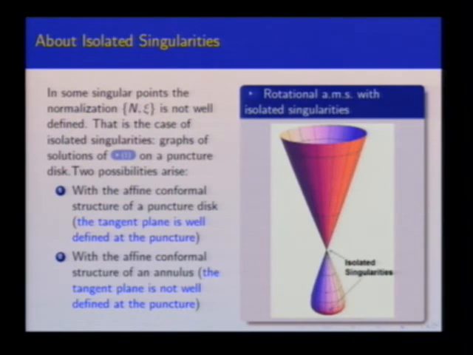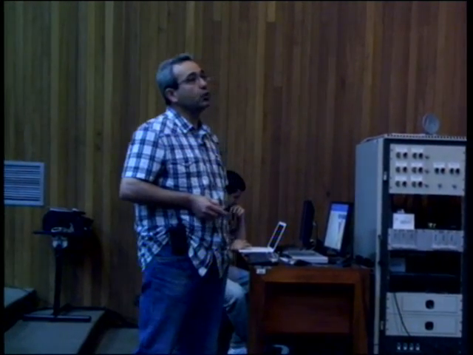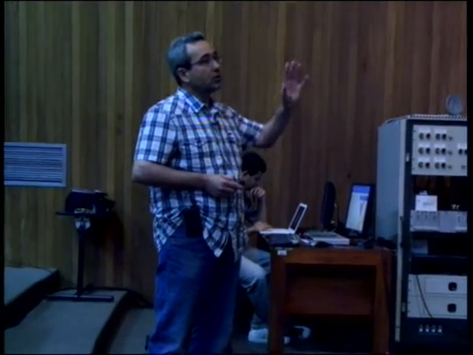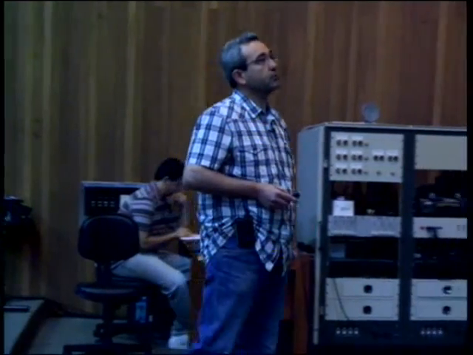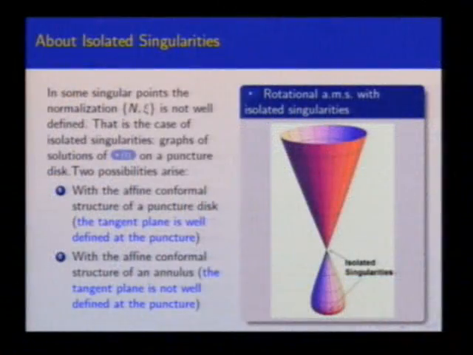So the conformal structure here is the conformal structure of an annulus. But at the bottom here, at the singularity, the conformal structure is a punctured disk. And in this situation, we have a well-defined normal along it. So it's important to distinguish between the case where the conformal structure induced by the affine metric is a punctured disk or an annulus.